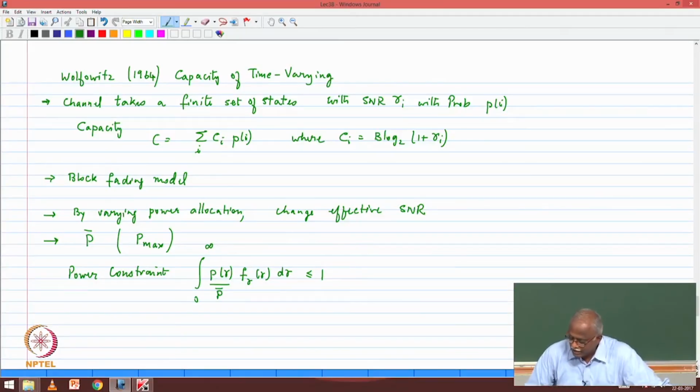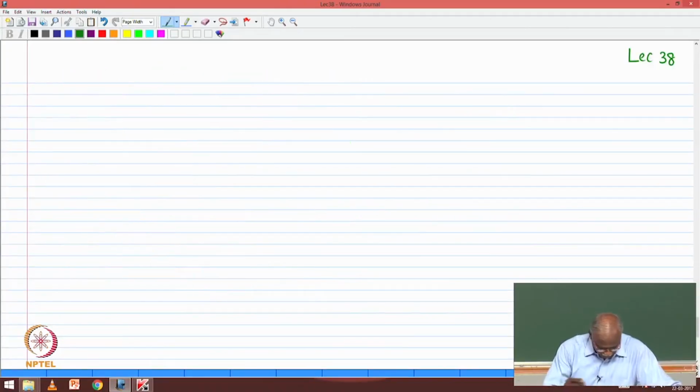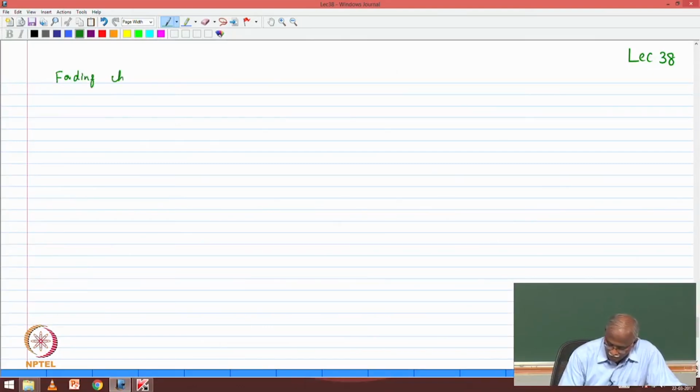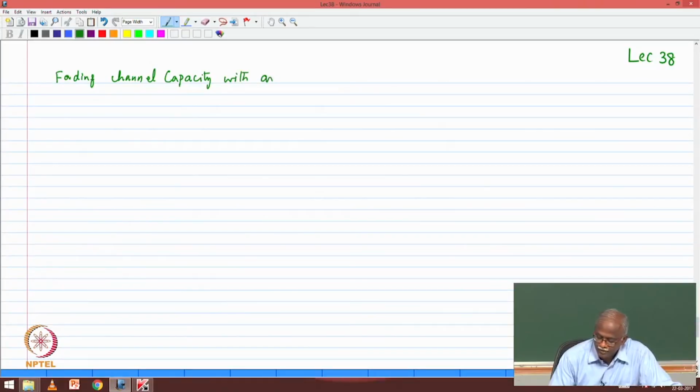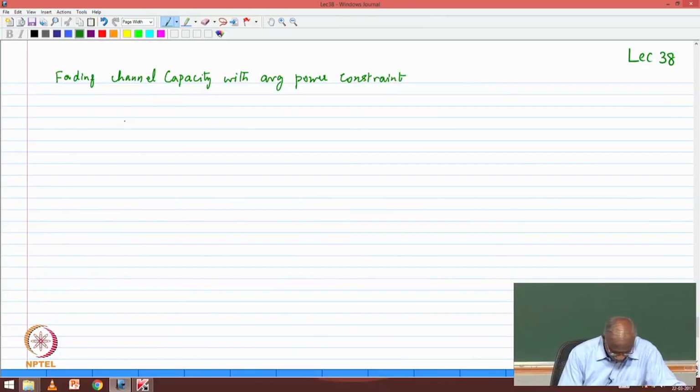Now comes the problem statement that is very, very important. So the problem that Wolfowitz was trying to address was the fading channel capacity, CSIT scenario with average power constraint, is the following problem statement.